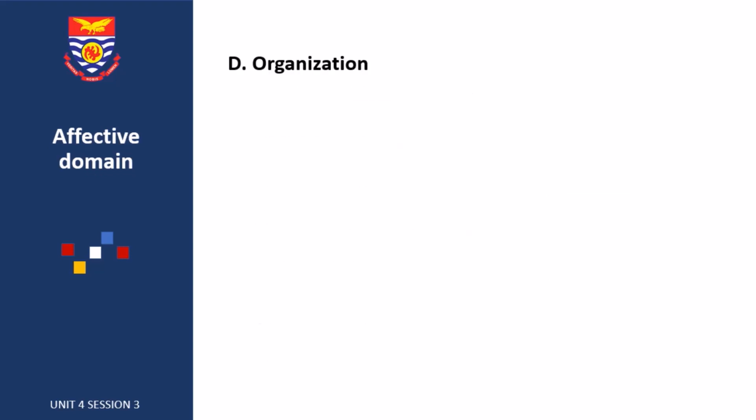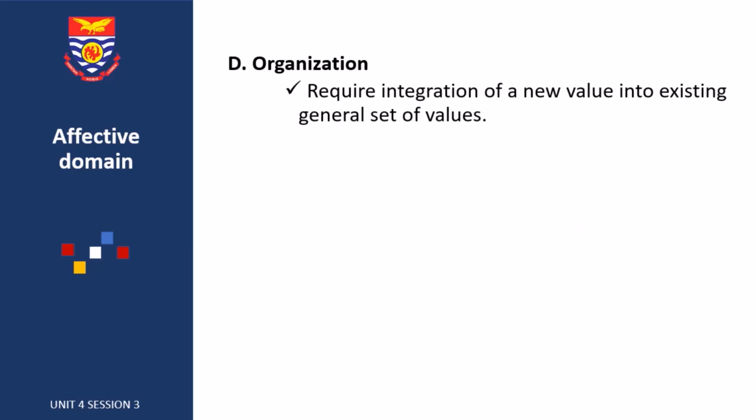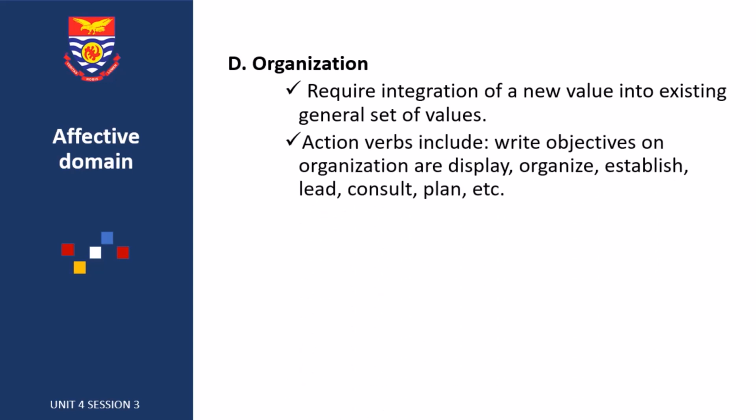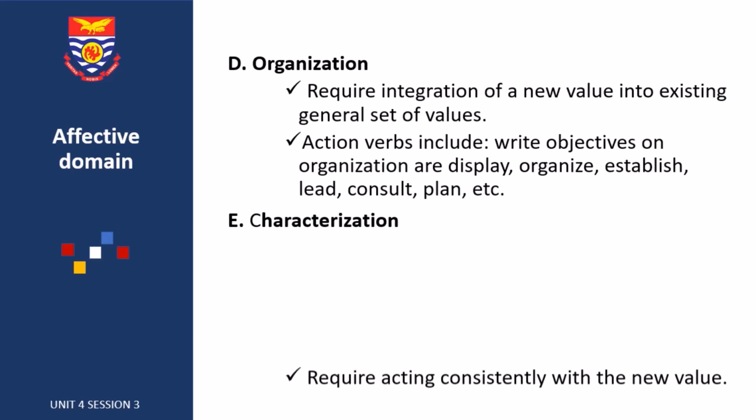The next is organization. Organization requires integration of a new value into the existing general set of values. If you want to state an objective to reflect organization, then you may consider action verbs such as display, organize, establish, lead, consult, plan, etc. The next is characterization, also under the affective domain.